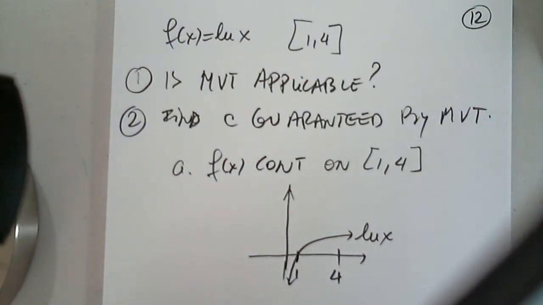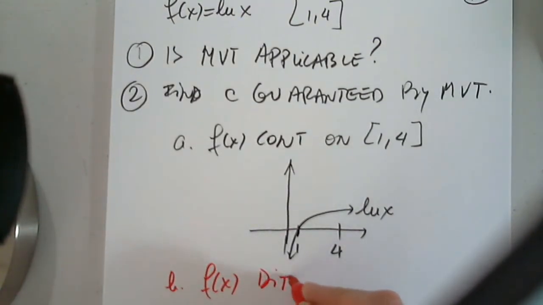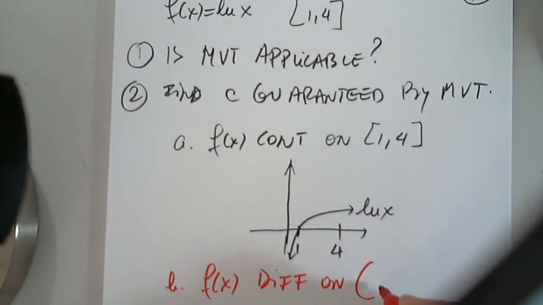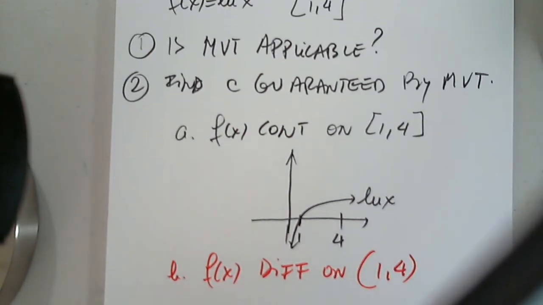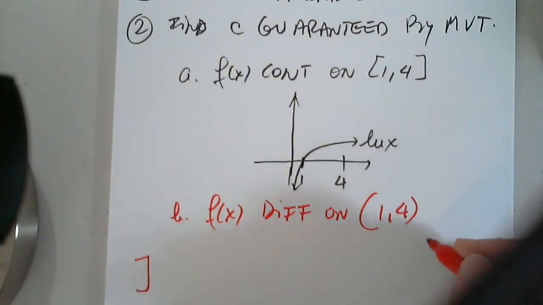Is this function continuous on [1, 4]? Yes. Is this function differentiable on at least the open interval (1, 4)? Yes. Good.